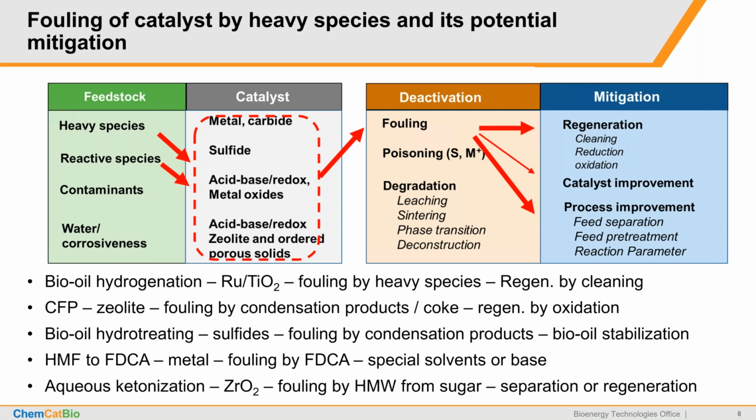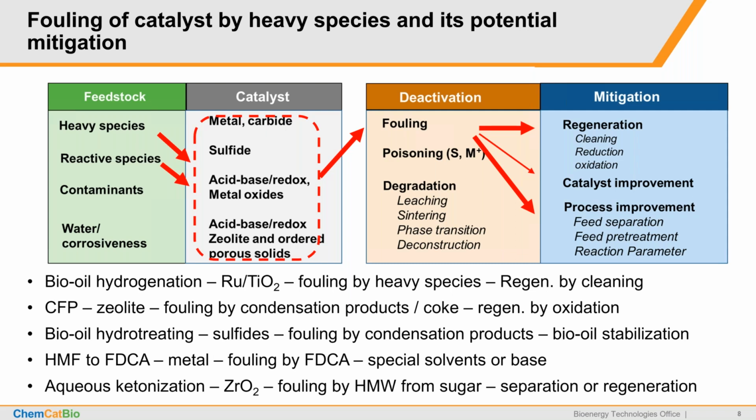Those heavy species can easily cause catalyst deactivation by fouling, which is more of a physical than a chemical problem. Therefore, it affects pretty much all the catalysts we use in biomass conversion. The mitigation approach can be regeneration to burn off the coke, or process improvement to remove those heavy or reactive species from our feedstock.